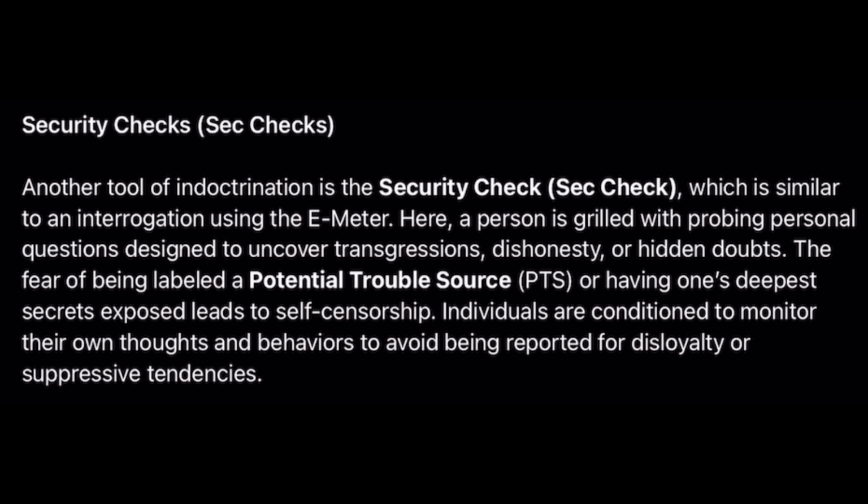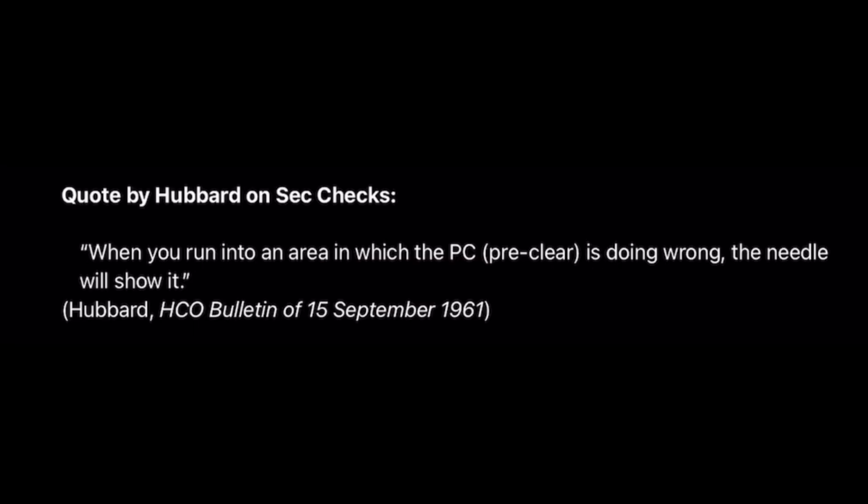Individuals are conditioned to monitor their own thoughts and behaviors to avoid being reported for disloyalty or suppressive tendencies. Quote by Hubbard on the sec checks: "When you run into an area in which the PC, pre-clear, is doing wrong, the needle will show it." Hubbard, HCO Bulletin of 15th of September 1961.